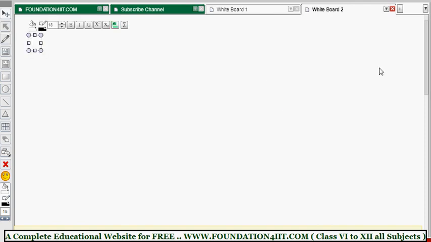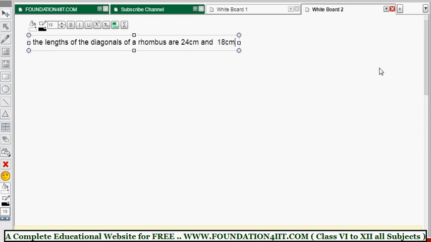The length of the diagonals of a rhombus are 24 centimeters and 18 centimeters respectively. Then you need to find the length of each side of the rhombus.